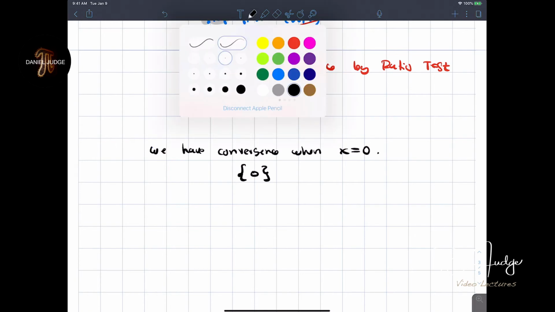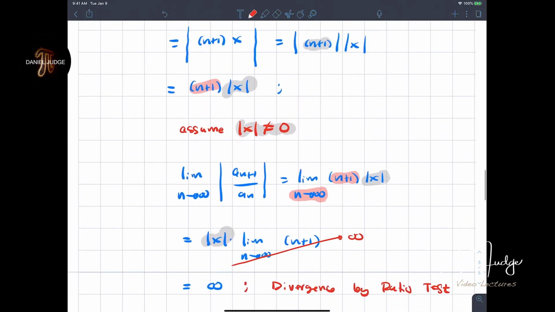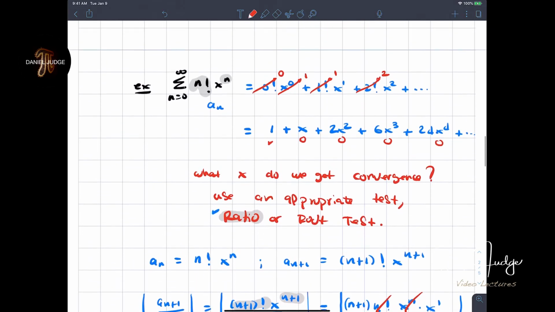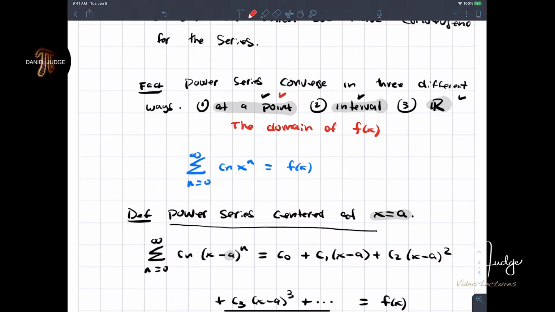This is what we call convergence at a point, a single value. So there we are. Like I promised you, it's going to converge either at a point, in some interval, we'll see what that looks like, or for all real numbers.